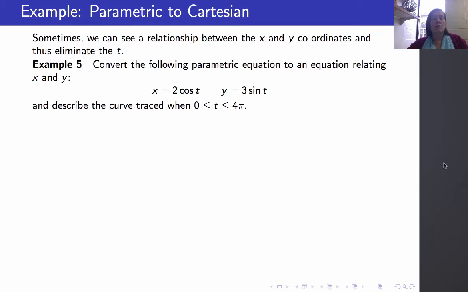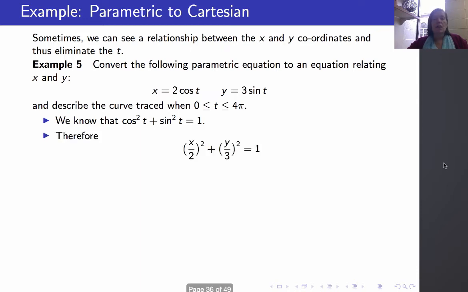And here, for example, if I have the parametric equations x equals 2 cosine t, y equals 3 sine t, describing a curve traced out when 0 is less than or equal to t, which is less than or equal to 4 pi, I know that cosine squared t plus sine squared t is 1. That's a well-known formula. And in the equations above, I see that x over 2 is cosine t, and y over 3 is sine t.